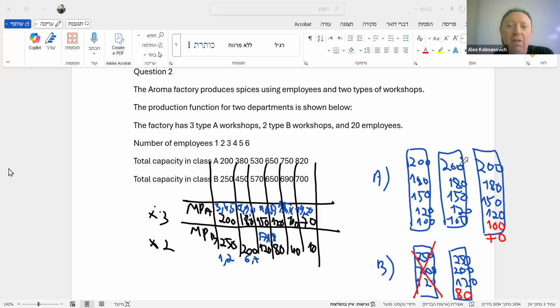So in the original situation, we had these three guys who produced 250 plus 200 plus 120, minus, now we have 100 plus 80 plus 70.